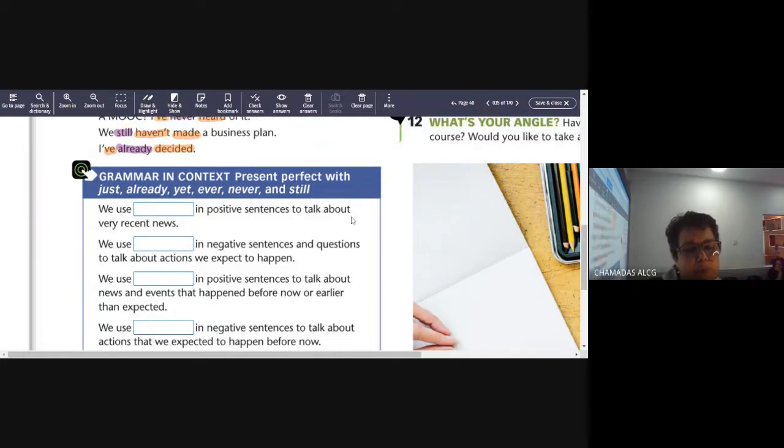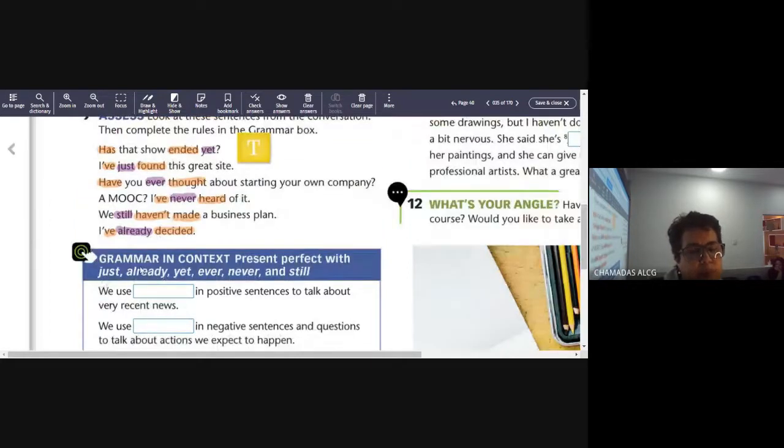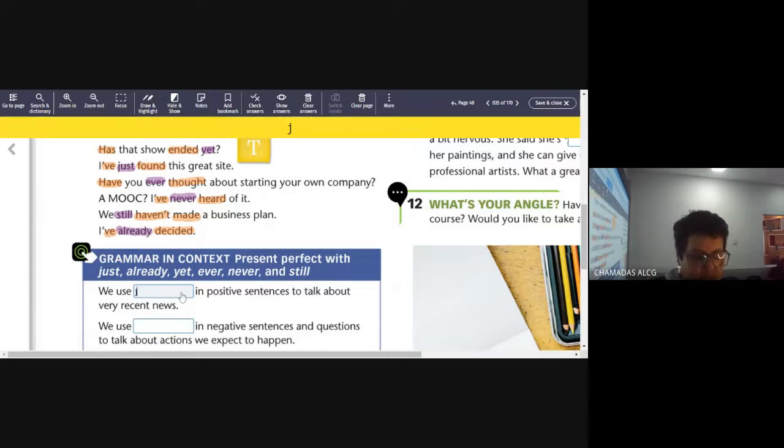So here, according to the examples we have, we use it in positive sentences to talk about very recent news. That's the good one, right? I've just found this great site. So something recent, okay? So let's put it there.